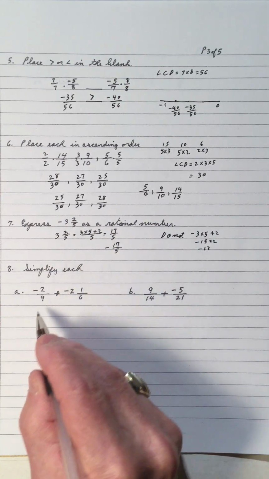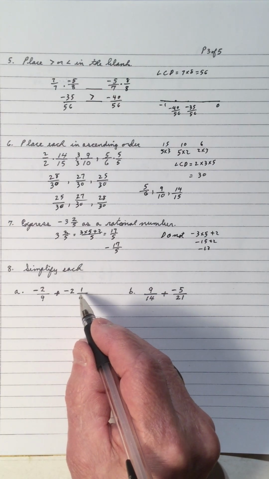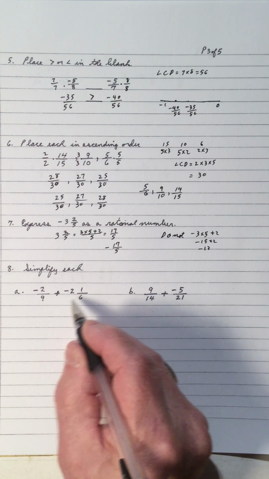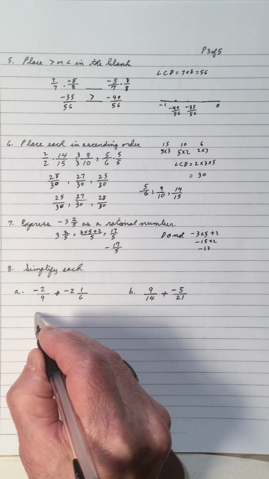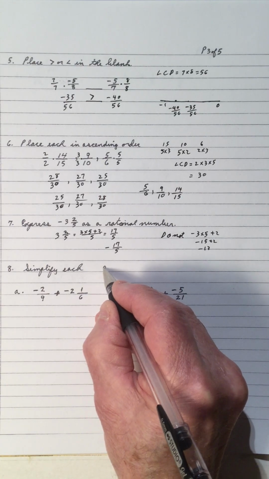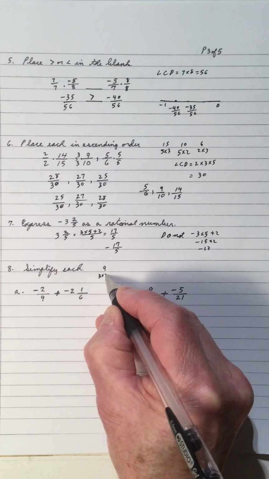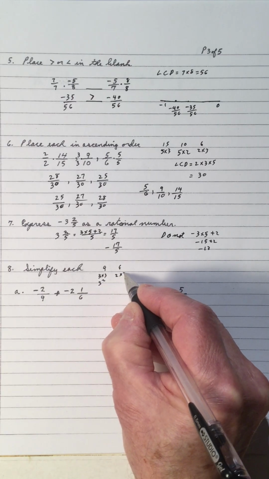Number 8, simplify each. So we have negatives here, so we can go with adding these up. For the common denominator, we have a 9, which is 3 times 3, or 3 squared. We have 6, which is 2 times 3.